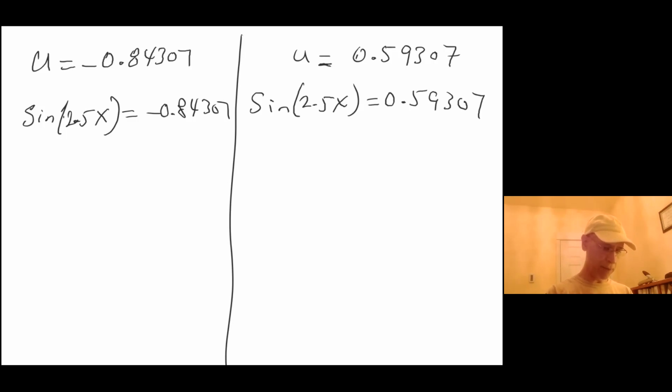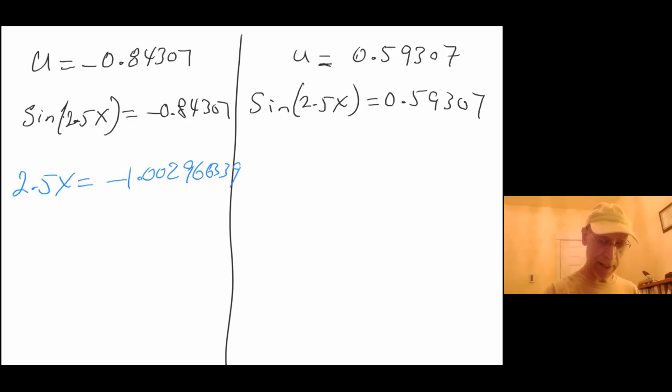sine inverse of negative 0.84307 gives me negative 1.002966339. So now I have 2.5x equals negative 1.002966339.